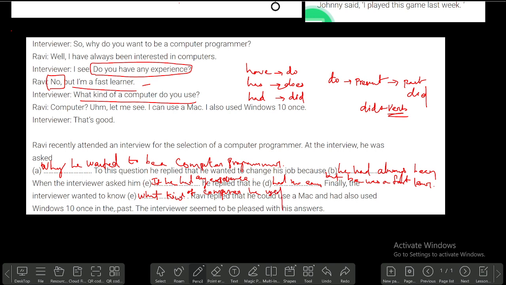Most of the people made a mistake there. Instead of that, you have written something very different, like "does" or "did." That is wrong, so you have to remember that. This should be your answer, exactly.